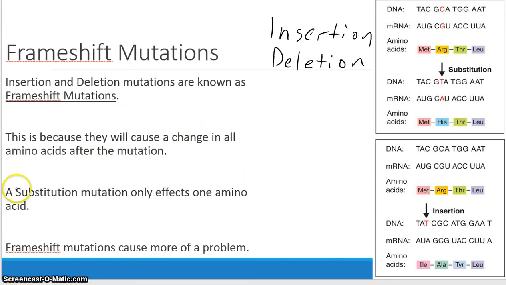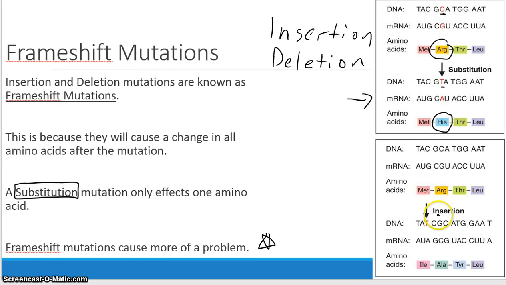Okay, a substitution that we talked about earlier will only affect one amino acid because you're substituting one nucleotide for the next. Frameshift mutations cause more of a problem. Okay, so if we look at our example here, this is a substitution where all we've done is change just this one amino acid because we changed one nucleotide on the DNA.